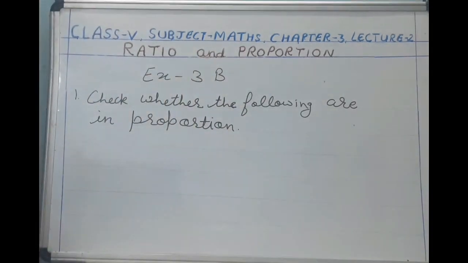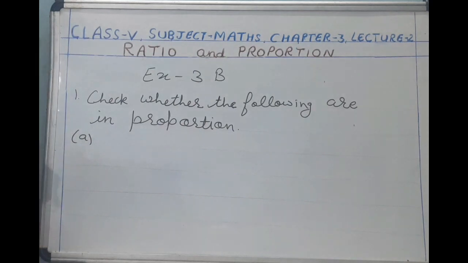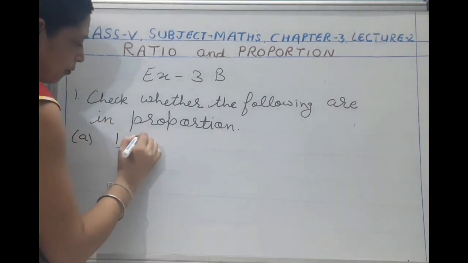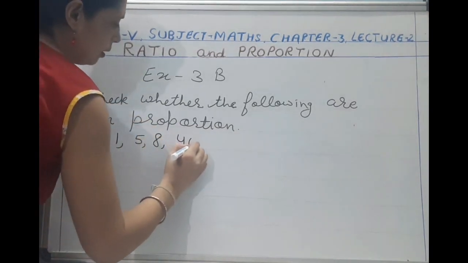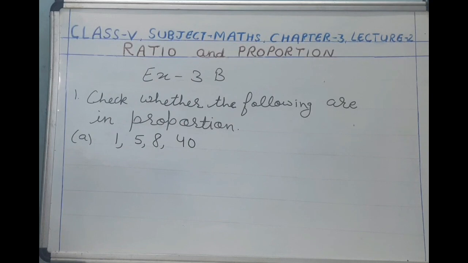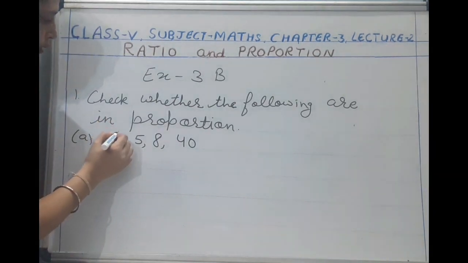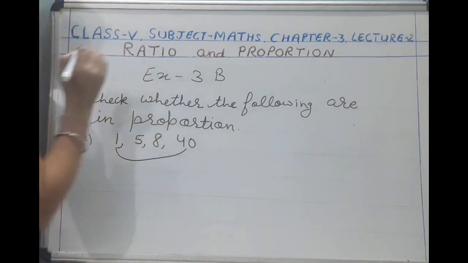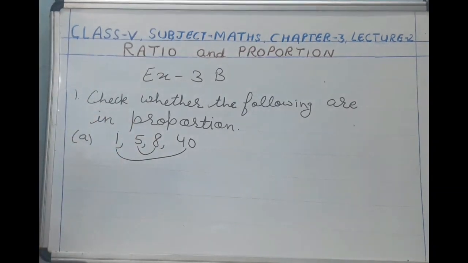So we have to check whether the given terms are in proportion. 1, 5, 8 and 40. These are the four terms given to us. To check this, first of all, you should know that when we are saying extreme, then first and fourth term, these are known as extremes. Then second and third term, these are known as means.